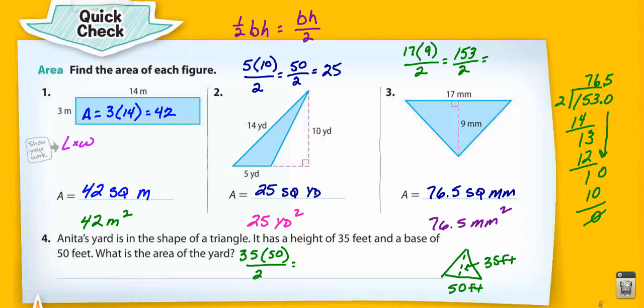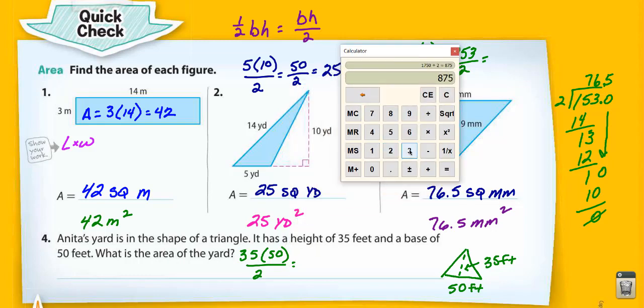So 35 times 50, let me get my trusty calculator out here. 35 times 50, 1,750 divided by 2. So divide that by 2, and you get 875.